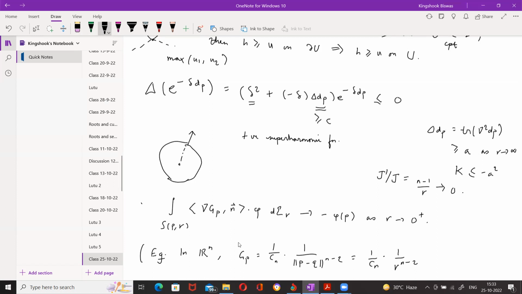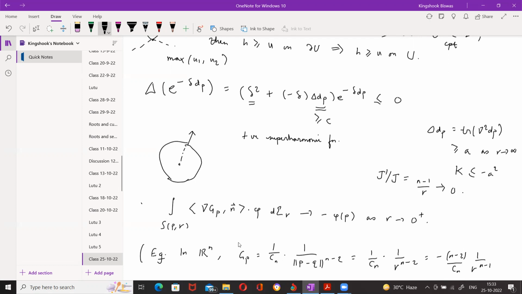So ∂G/∂r is going to be minus (n minus 2) over C_n times 1 over r to the n minus 1, right?